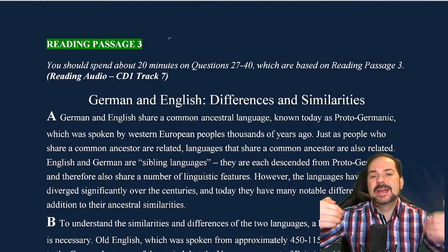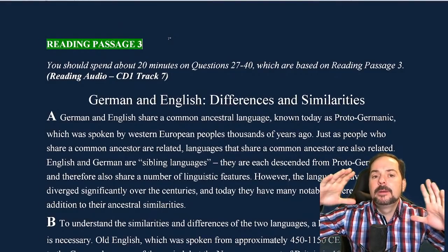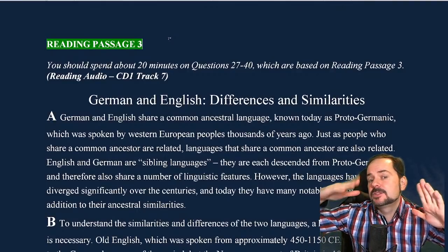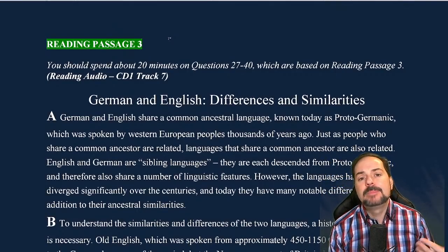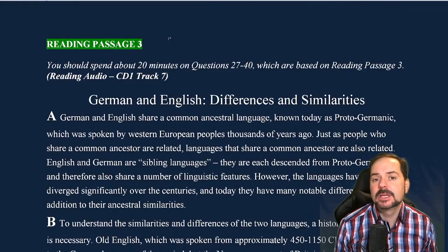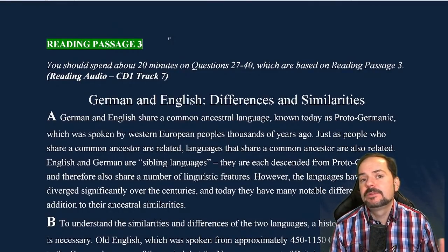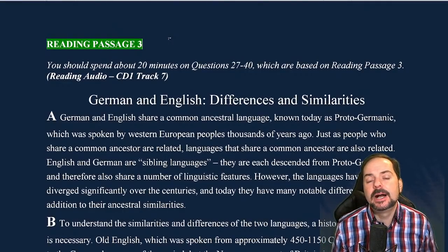The way IELTS works is it's graded. That means the first part of each section is the easiest, and then it gets more and more difficult. Passage 1 in the academic is supposed to be the easiest, then passage 2 becomes more difficult, and then passage 3 becomes even more difficult. That's the idea behind it.